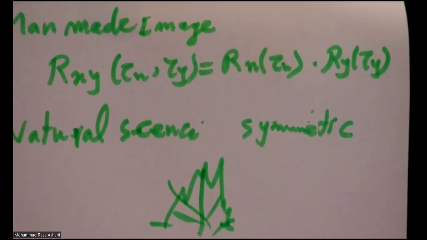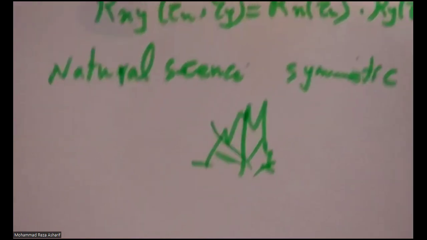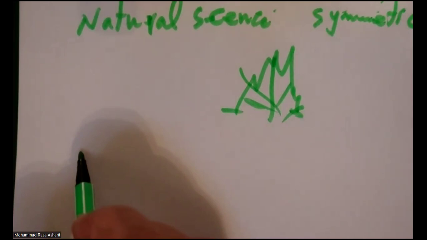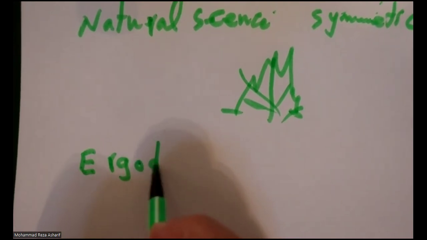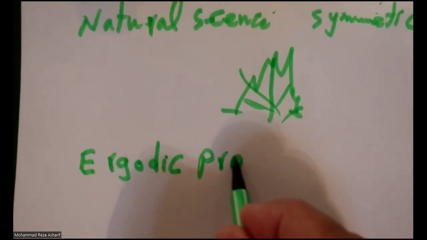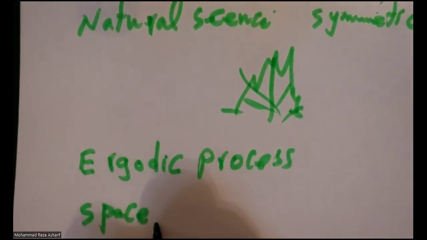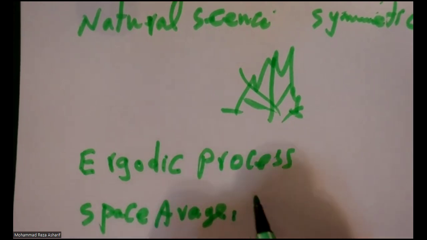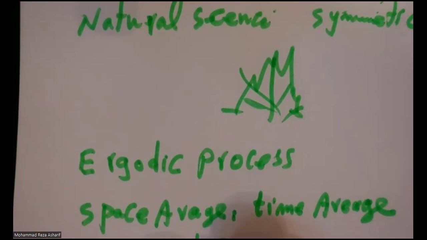The image process is a Markov process of the first order. Also, I forgot to define ergodicity. An ergodic process is a process in which we have the space average, the time average, and the stochastic average, meaning the mean value.